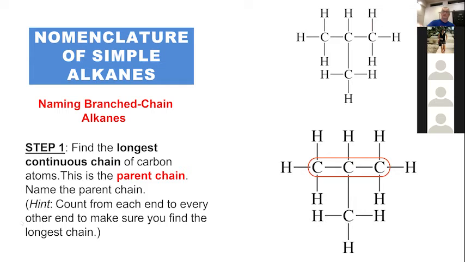Right. So we can look at these three, and this is the substitution, or we can look at these three, and this is the substitution. Notice that each of them make exactly the same molecule, interestingly.